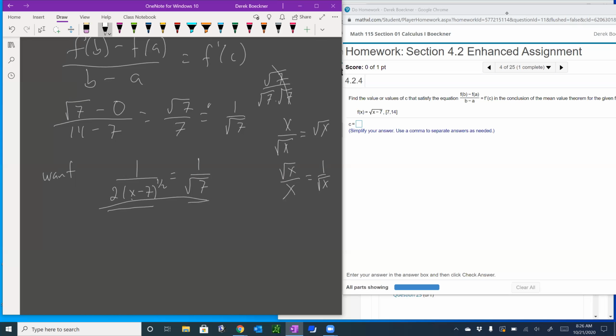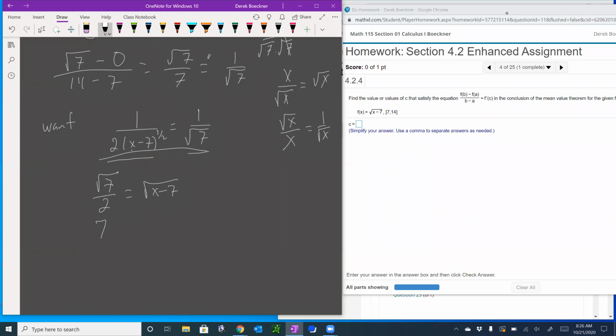What do we do to solve this? Cross multiply. So you get the square root of 7 over 2 equals the square root of x minus 7. Square both sides. 7/4 equals x minus 7.